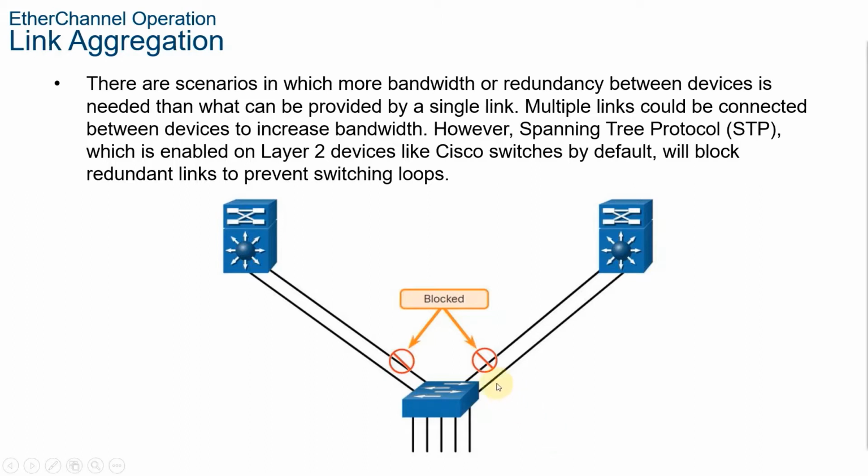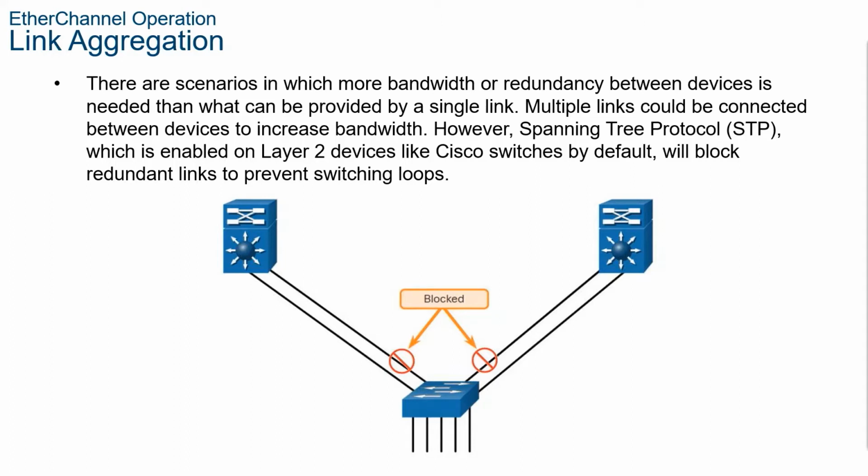Okay? Now, a link aggregation technology is needed that allows redundant links between devices that will not be blocked by STP. This technology is known as EtherChannel. So EtherChannel is a link aggregation technology that groups multiple physical Ethernet links together into a single logical link.